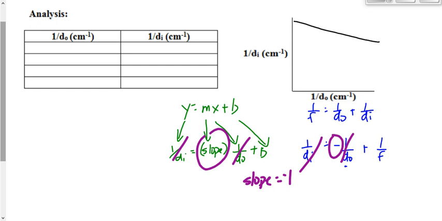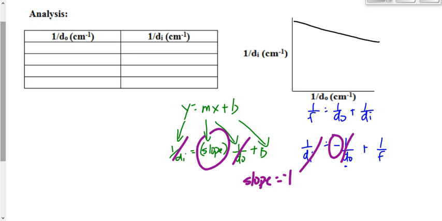No matter what data you have, you will get a slope of negative 1. Or at least, theoretically, you should get a slope of negative 1, right? It's independent of your data, as long as you have valid data, that is.